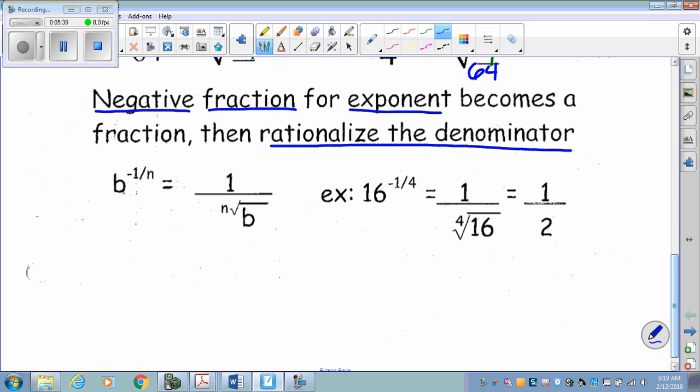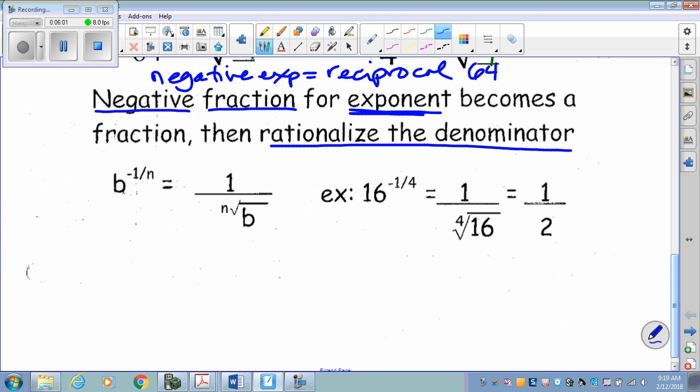Remember, a negative exponent does not make the number negative, it is the reciprocal. Negative exponent equals the reciprocal, so it gets flipped over.